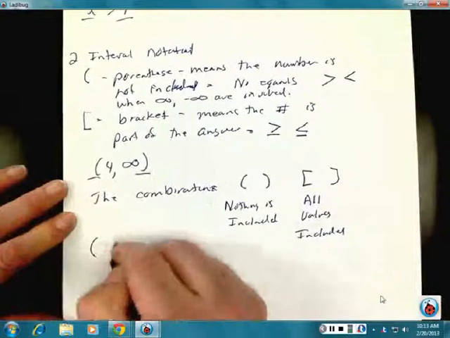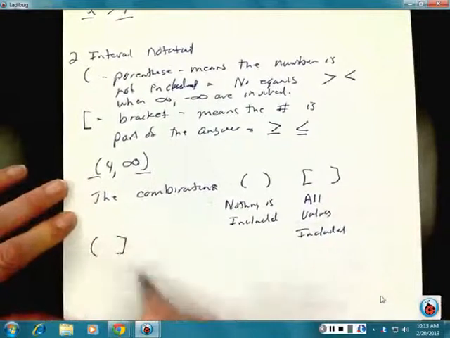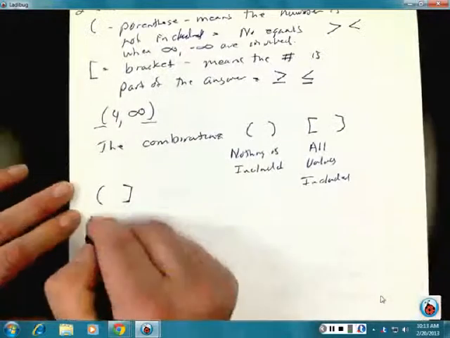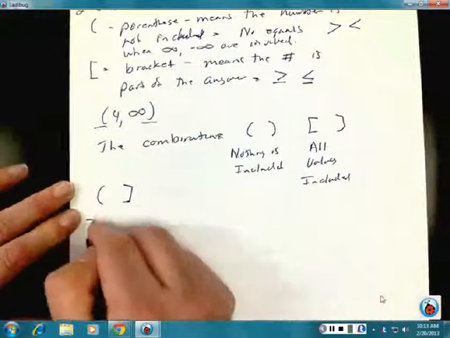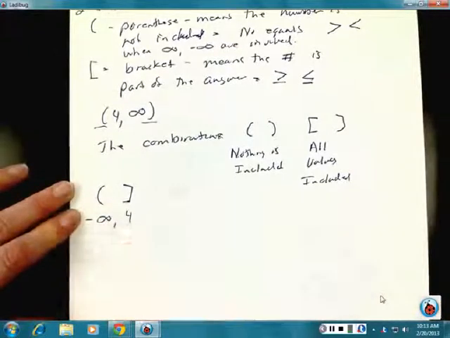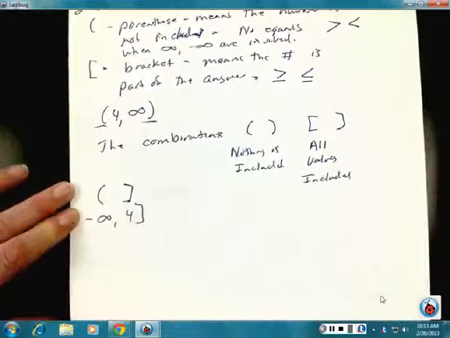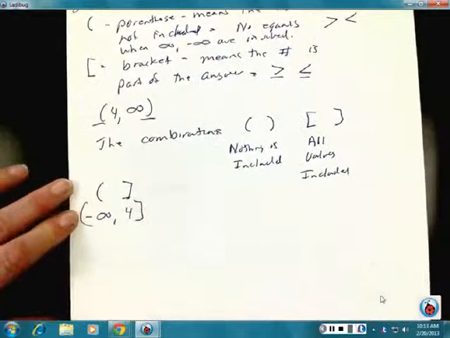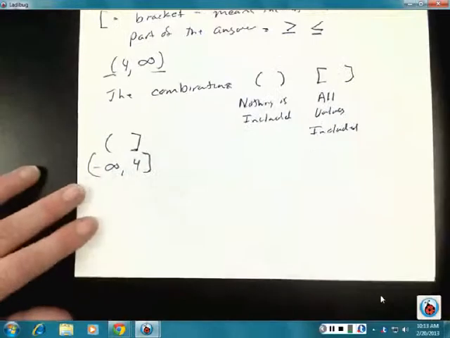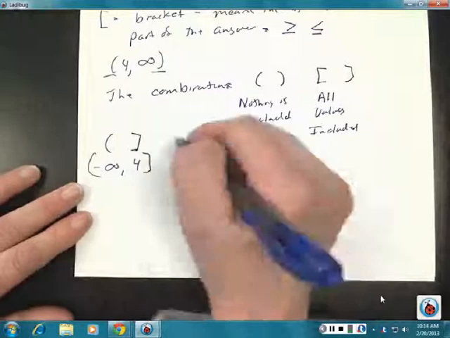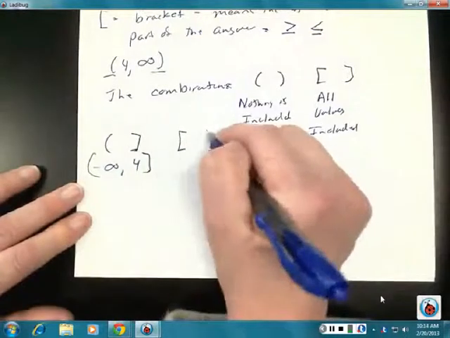A parenthesis and bracket is usually used when you have a negative infinity to a number and the number is included. So part's included but the other part isn't. Or you can have a bracket and a parenthesis.